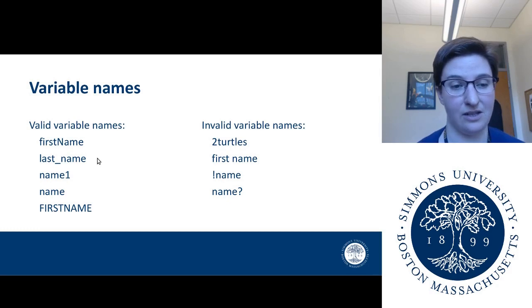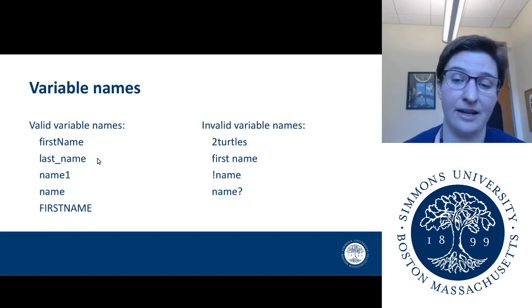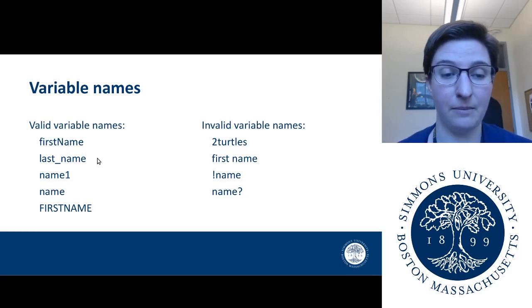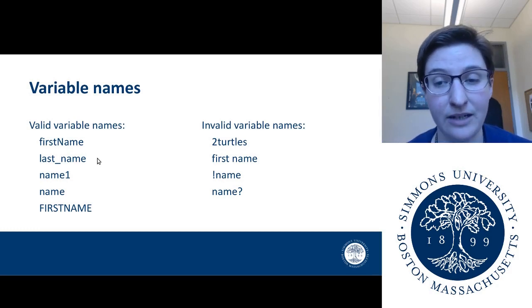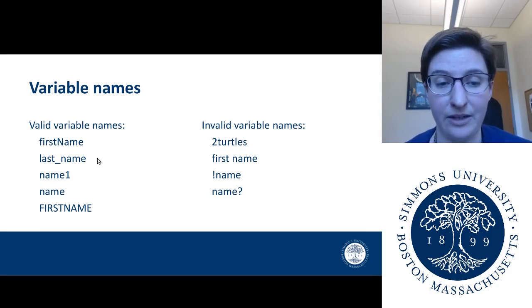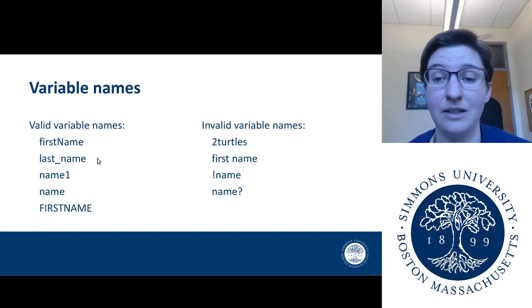You can just use name like I did. You cannot, however, start a variable name with a number or a character like an exclamation point. In fact, you can't have any special characters except for underscores and I think hyphens. I actually don't remember. In Python variable names, you cannot have spaces in them. Basically, stick with underscores. That is safest.